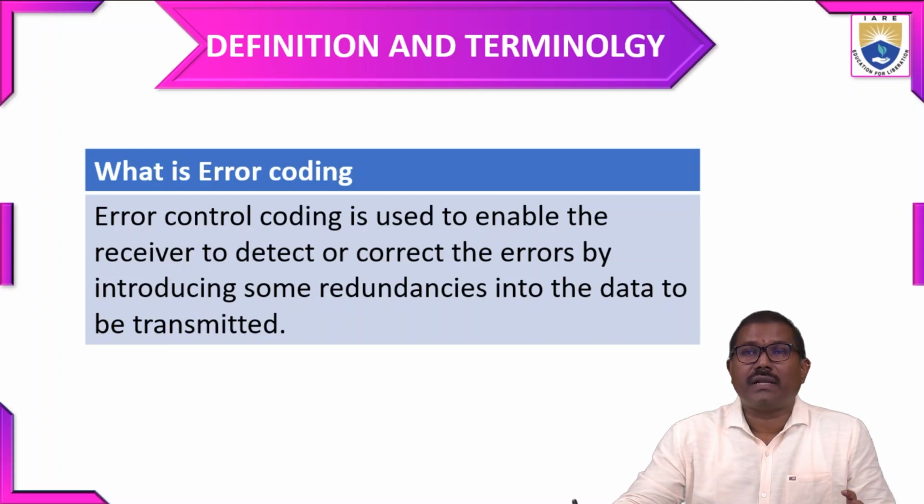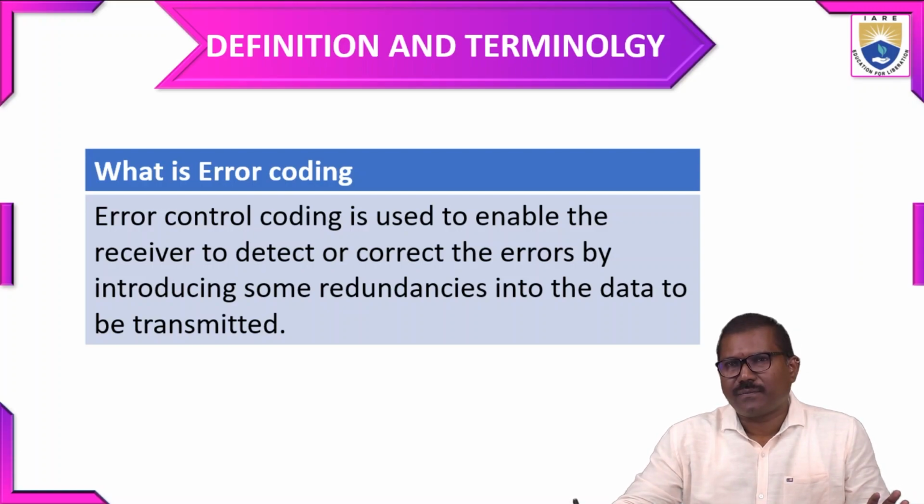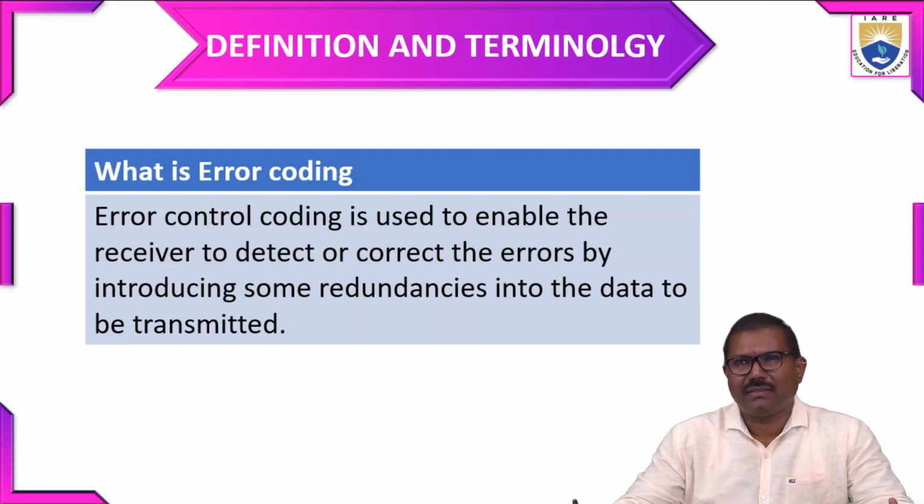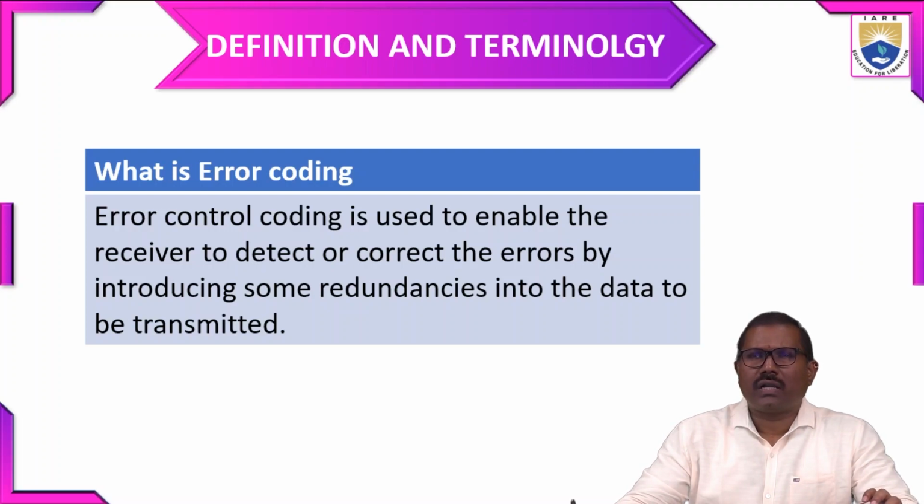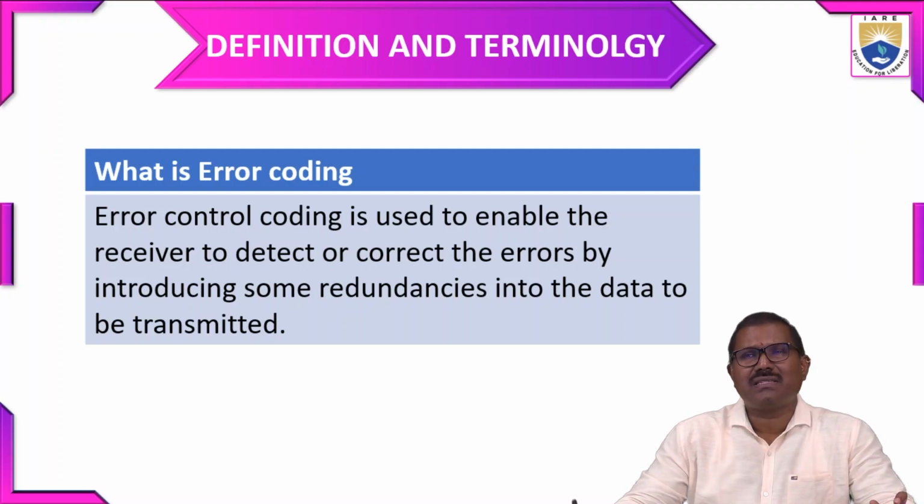What is meant by redundancy? Redundancy means not essential bits. They are not the information. But we add this redundancy into the data, and we detect and correct the errors by using the redundancy.